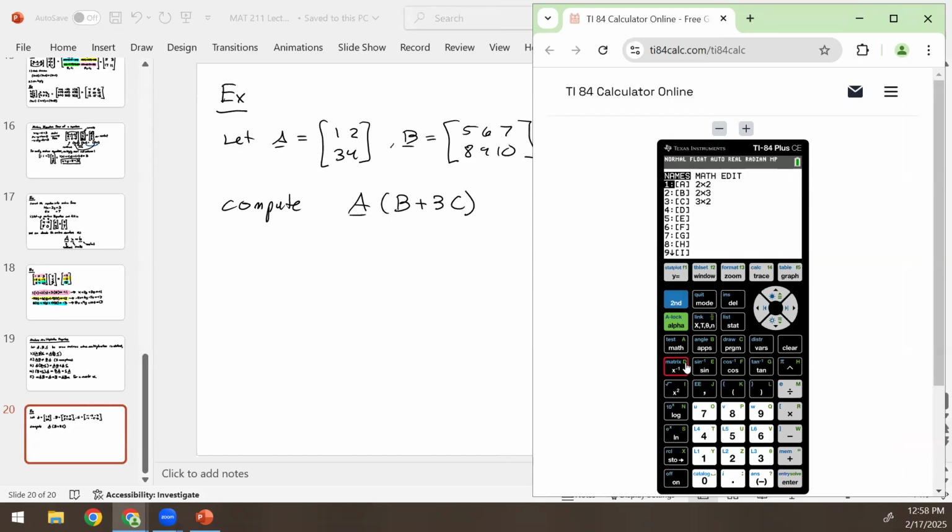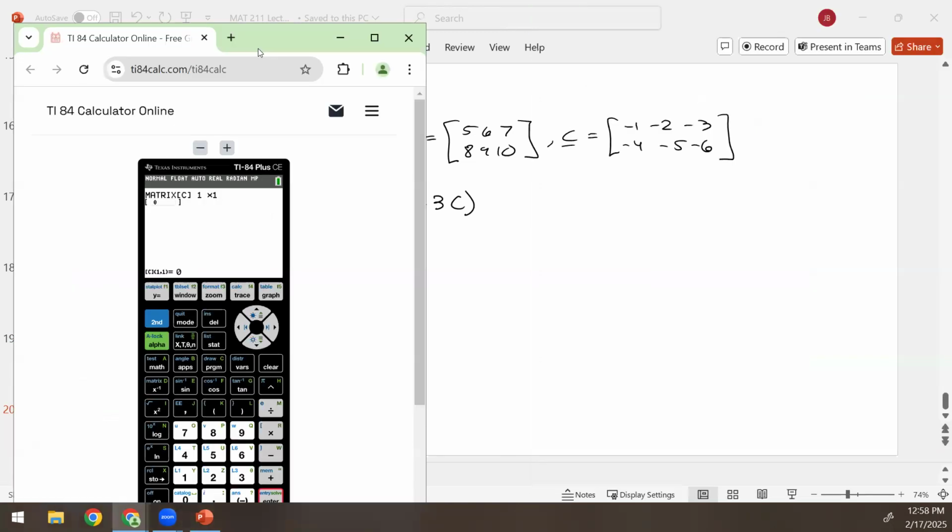Second matrix, now we're going to go to C. Going to make this, oops, press the wrong button there, sorry. Second matrix, edit, C. Going to make this a 1 by 1, put a 0, and then make it a 2 by 3.